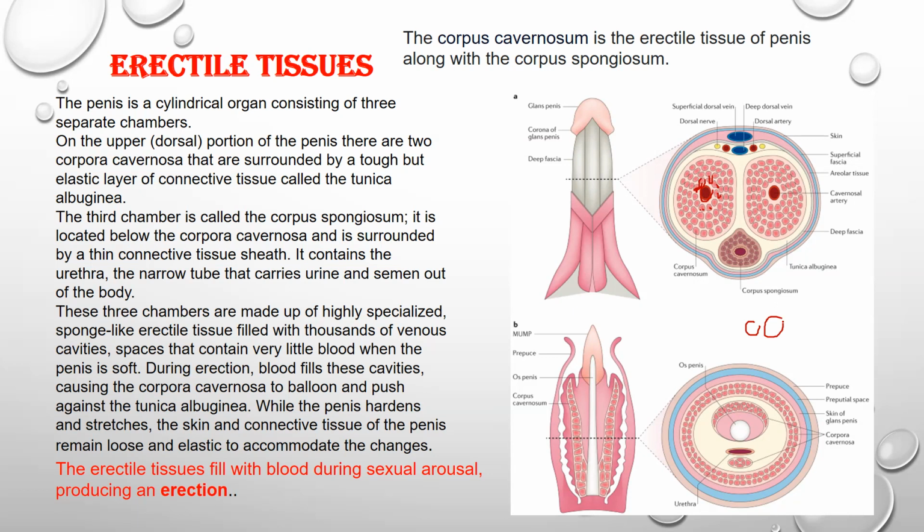So erection will not be maintained, or actually it will not happen, because the chambers are not relaxed. So we need relaxation of the chambers, and that is done because of nitric oxide release. It's very important. But sometimes that chemical is not released because of some heart issues going on with the patient, the arteries are not functioning well, and the supply is not there.